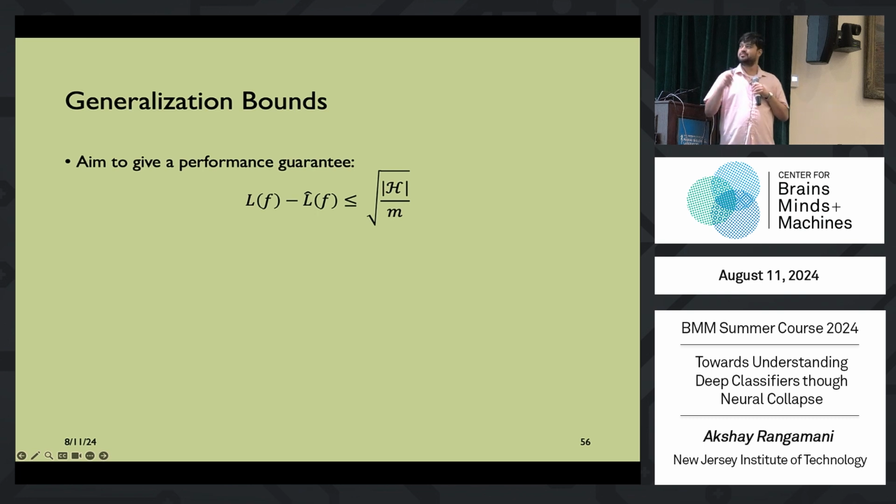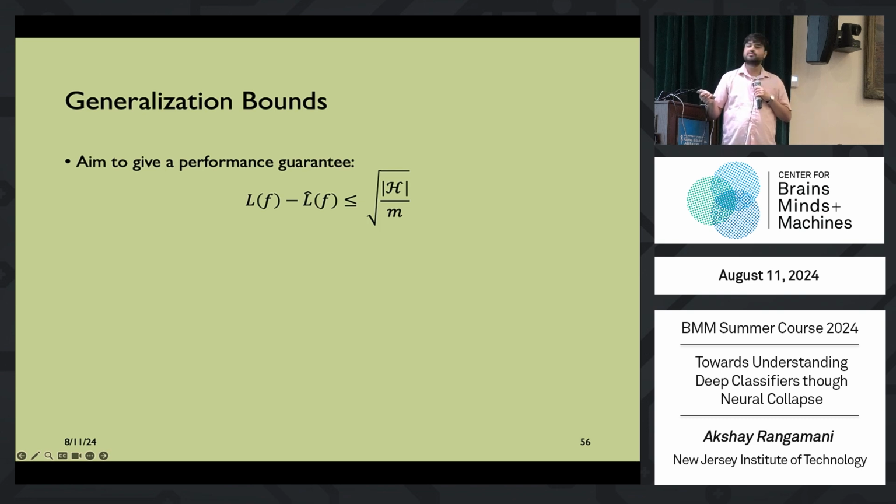Okay, sorry, there's a little bit of change in notation here. M, going forward now, is the number of samples. Why is this useful? Since you're actually training a model on the empirical data set, you know what the loss is here.